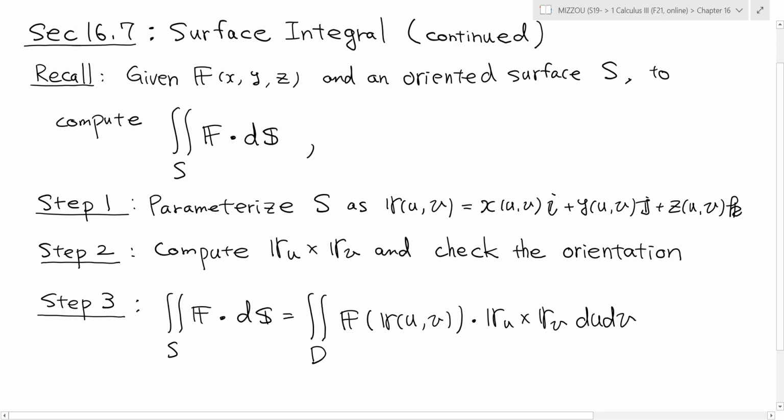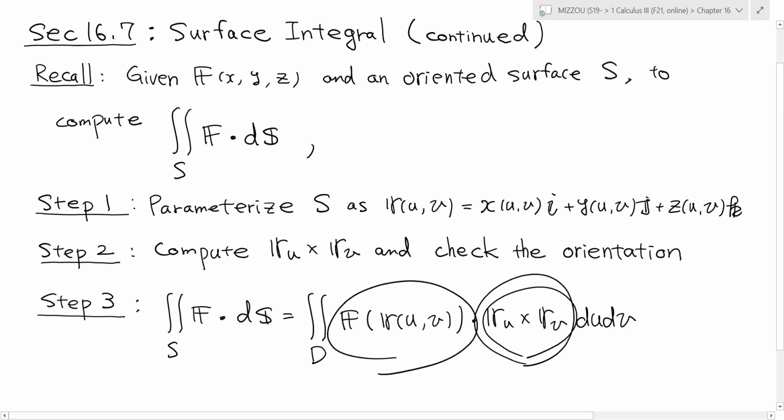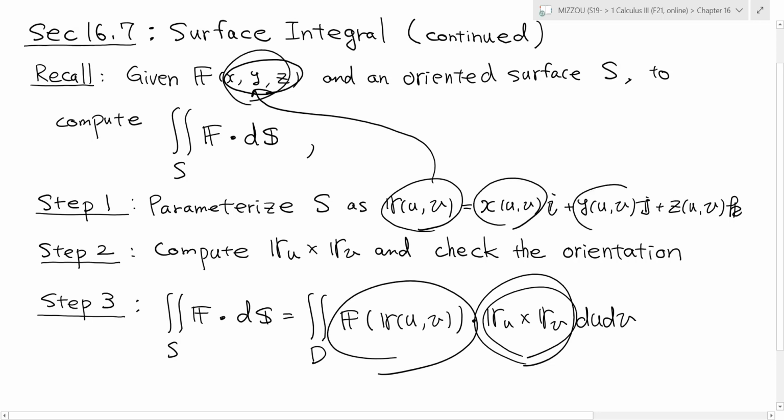So that's step 2. And then step 3, you plug into the formula: this flux, or vector surface integral, is computed as the dot product of this vector and this vector. This one is calculated in step 2, and this one is obtained by plugging the parameterization into the given vector field, meaning you replace x with x(u,v), y with y(u,v), and z with z(u,v).